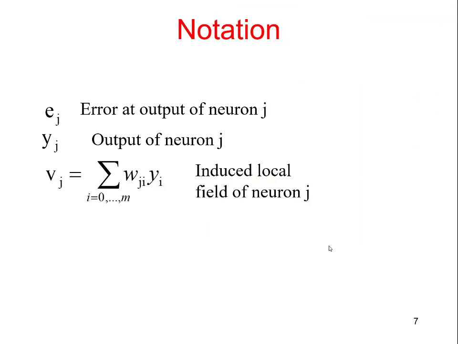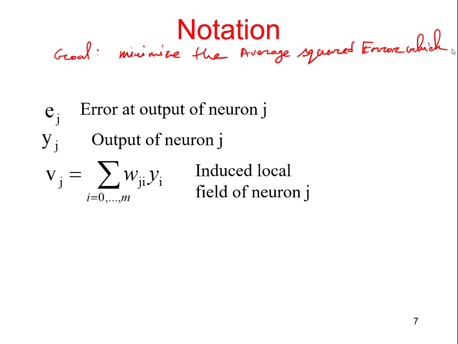So let's jump to some notations that might be helpful in the computations that we need throughout the minimization process of the average squared error. Our goal is fixed: we will try to minimize the average squared error, which is our loss function.